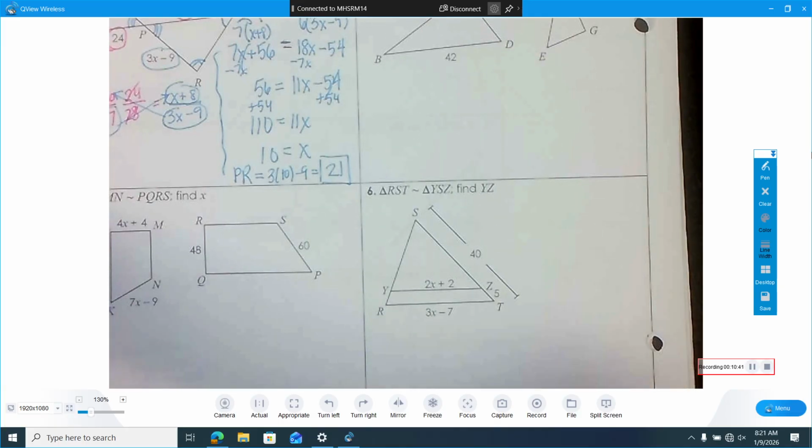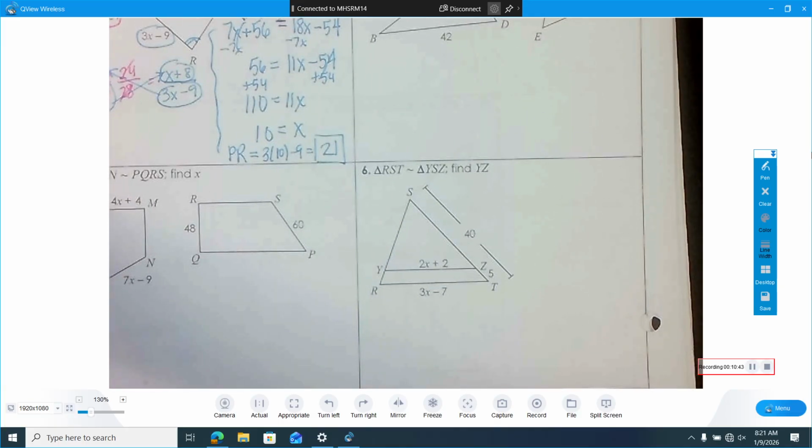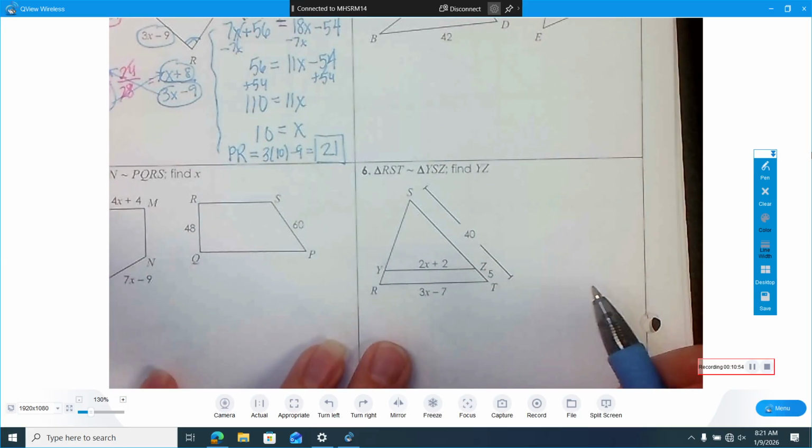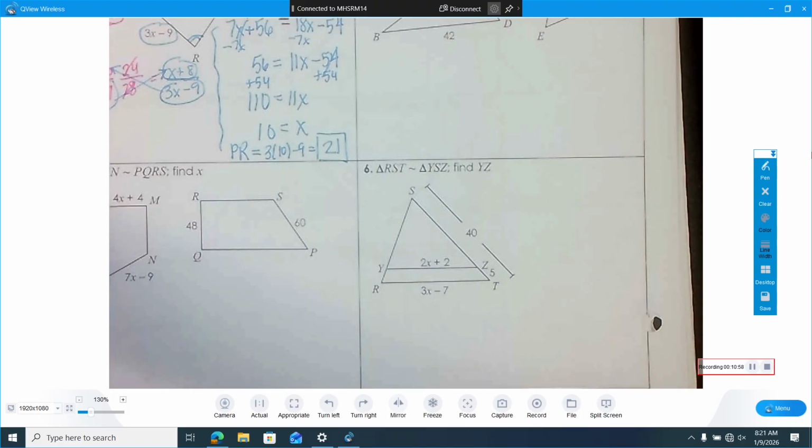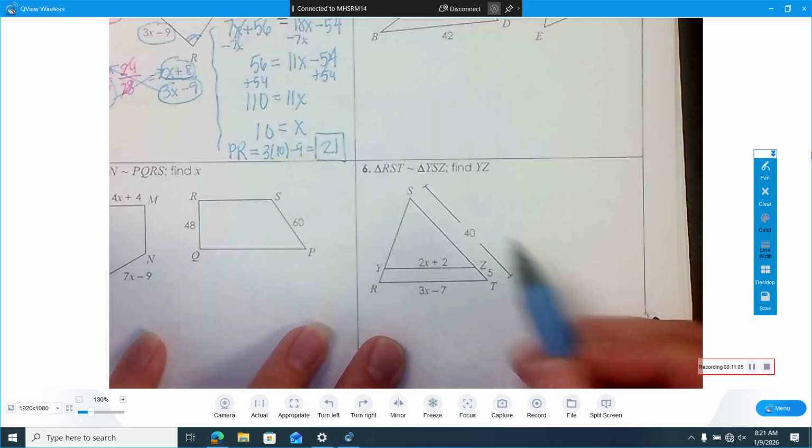Let's take a look at number 6. Again, I have overlapping triangles, and so we do have to be pretty darn careful. They are oriented the same way because they're nested. Overlapping triangles, nested triangles. All right. So let's see.